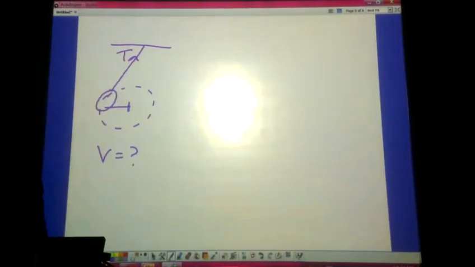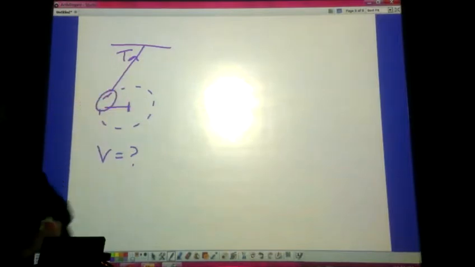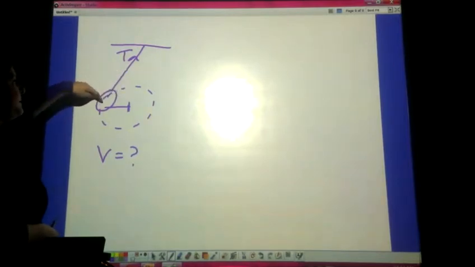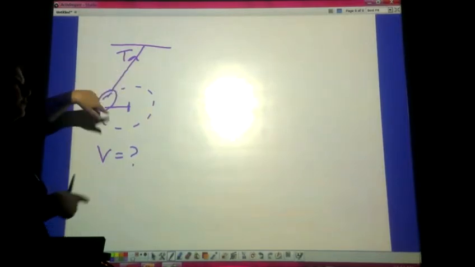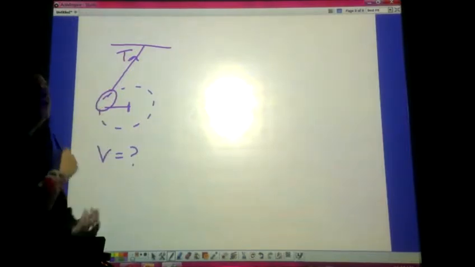So if we think about this logically, if I have a really strong cord, the more tension I have in this cord, that means it's going to be able to withstand a higher speed. So a higher tension means that this puck can have a higher speed, okay? I could also think about if the mass of the puck was pretty large.